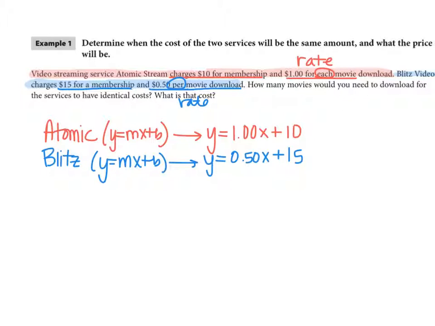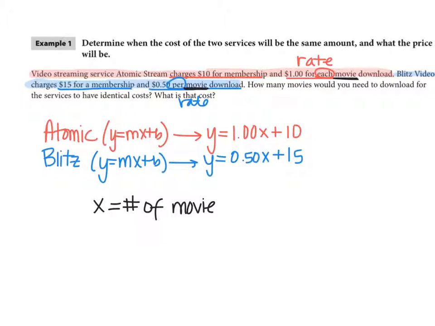Okay, the last thing that we're going to need to do here is to define what our x and our y stand for. Because it says each movie, that means x is going to stand for the number of movies.